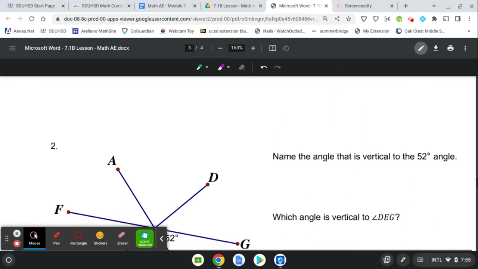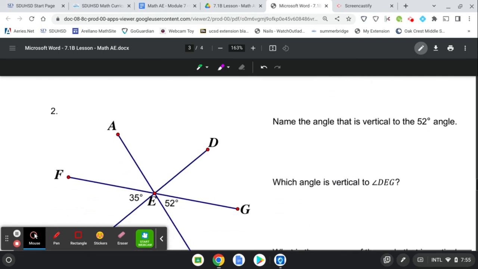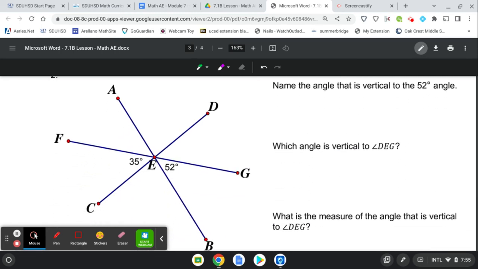Question 2, name the angle that is vertical to the 52 degree angle. The angle across the 52 degree angle is angle AEF. For the next question, which angle is vertical to DEG? Here's DEG.